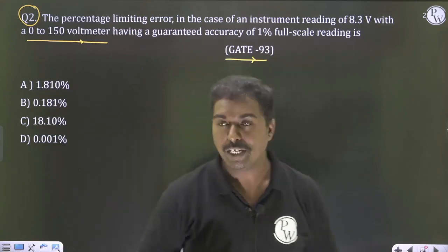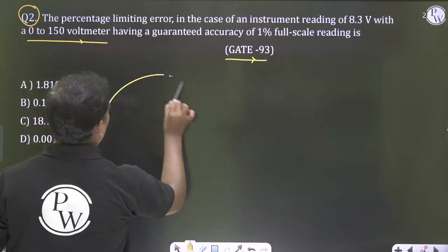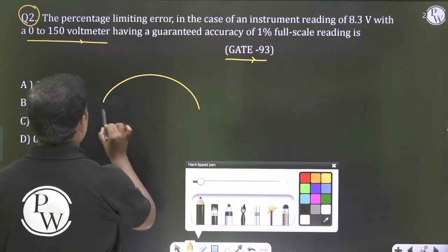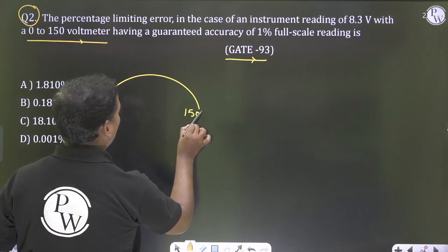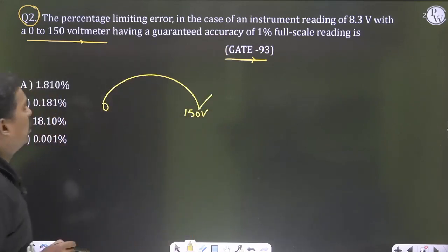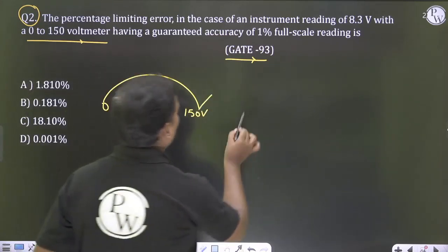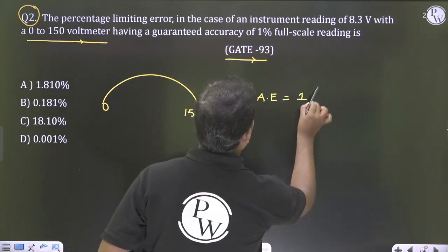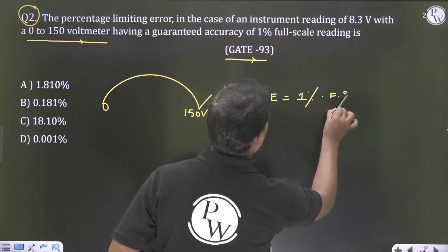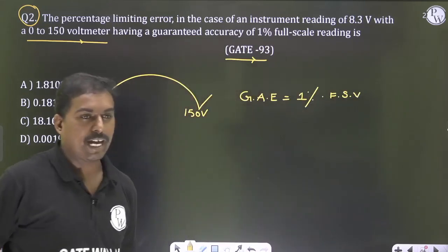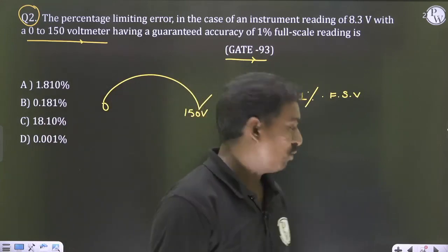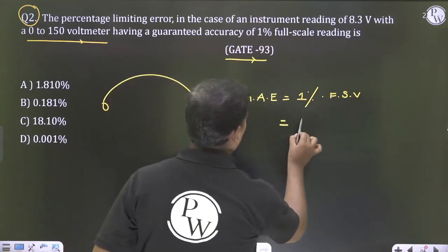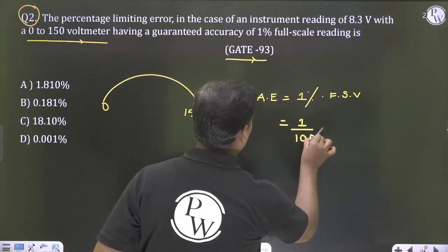First of all, what is the range of the instrument? The options are very close, so it should be very clear, and this question was asked in GATE 1990. Now, this is our 0 to 150 voltmeter, and the guaranteed accuracy error is given as 1% of the full scale value. 1% means 1 by 100 of the full scale value.